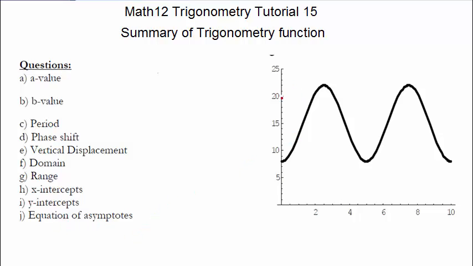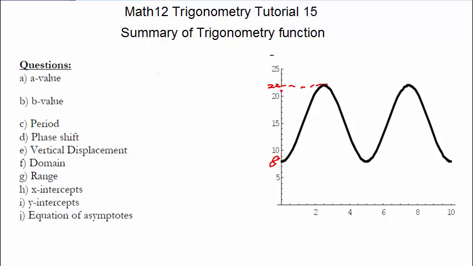Let's see what the A value, the amplitude, is here. As we know, the amplitude equals the maximum minus the minimum divided by 2. The maximum of this graph is 22 here, and the minimum is 8.